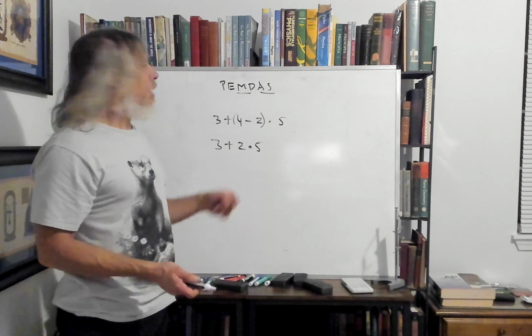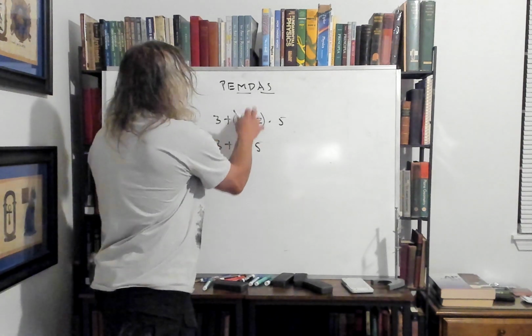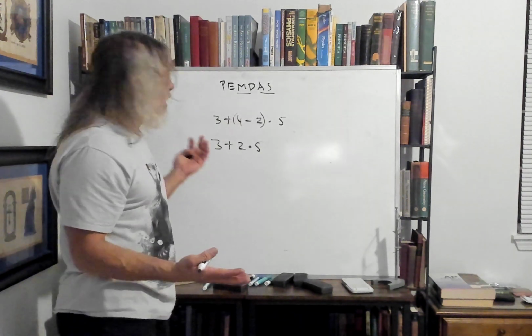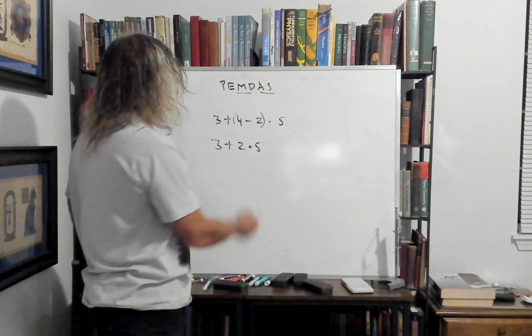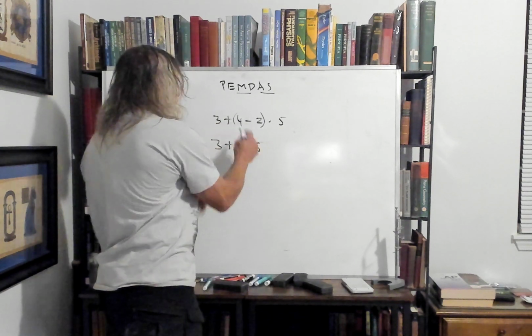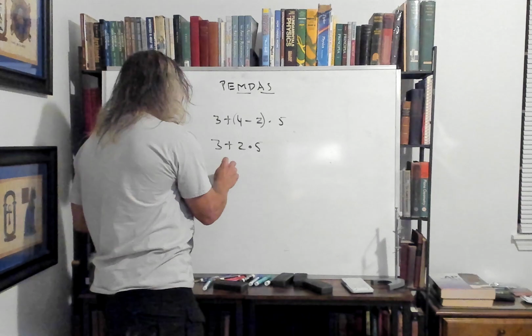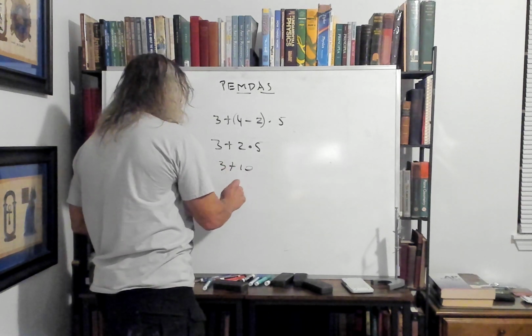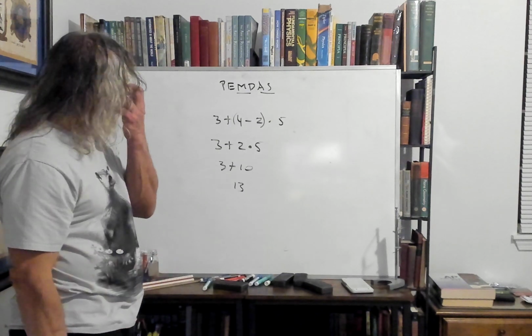So we got a parenthesis, that comes first. Then you look again. What's inside here? Only a subtraction. We do that. So you go through these sequentially. Here, parentheses. Then inside here, subtract. We'll get to some of that later. 3 plus 10, 13. Okay? Order of operations basics.